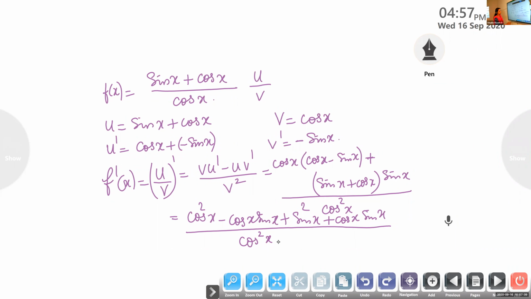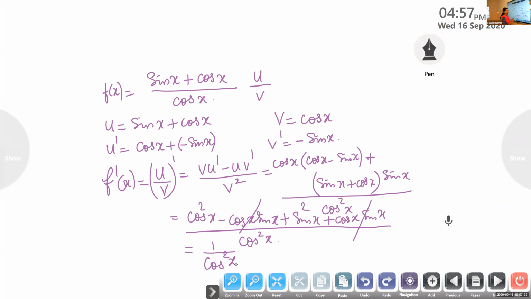Now here cos x sin x, positive cos x sin x and negative cos x sin x will get cancelled. What about cos square x plus sin square x? What is cos square x plus sin squared x? 1. So it is 1 by cos square x.